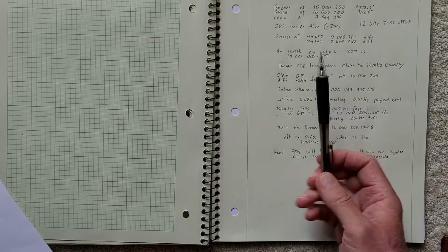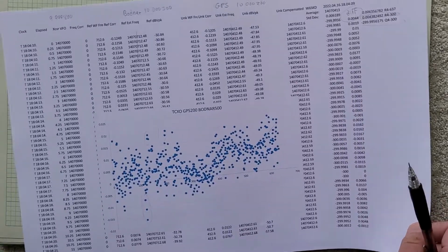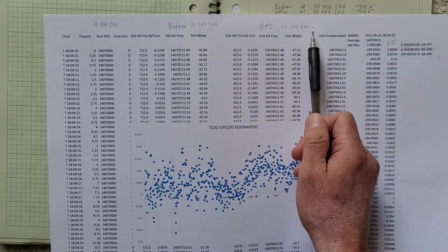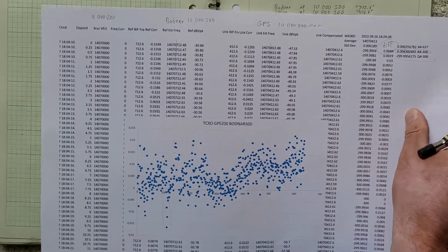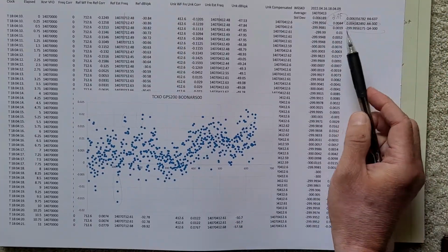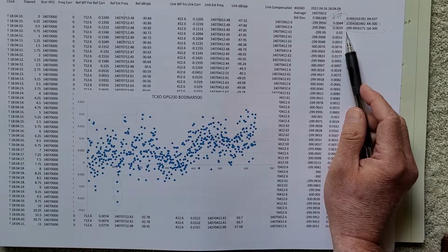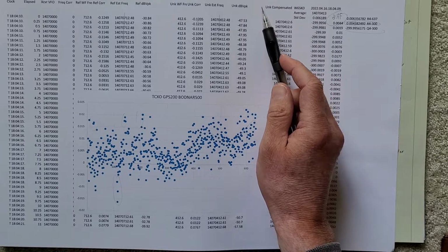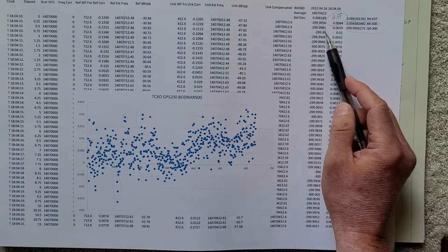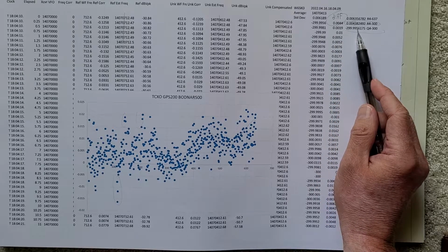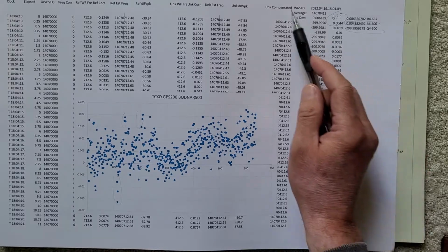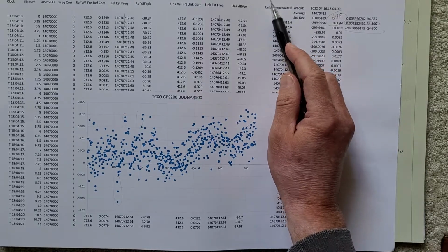And so actually, my assumption for what the GPS was is actually 5 millihertz higher, which means that the frequency delta here, having it be 5 millihertz lower, that's because it was 5 millihertz higher here.